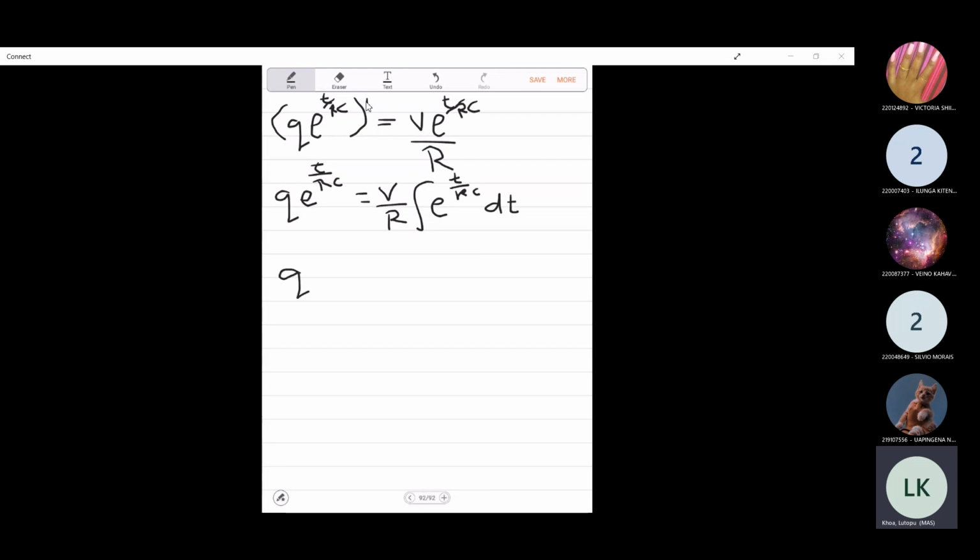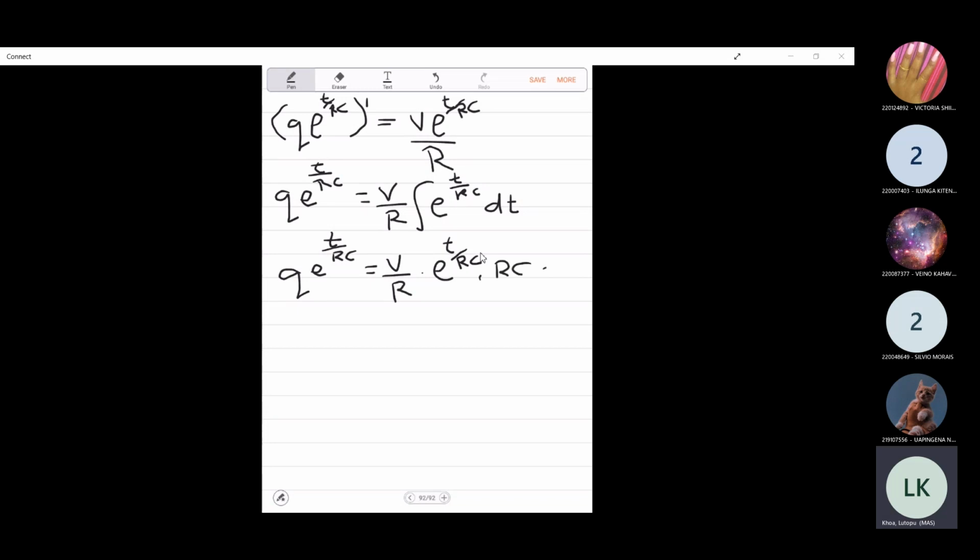The integral of this is this, the way that it is, so e to the power of t over RC. And then we divide by the derivative of the exponent, which is 1 over RC, which is the same as multiplying by RC.